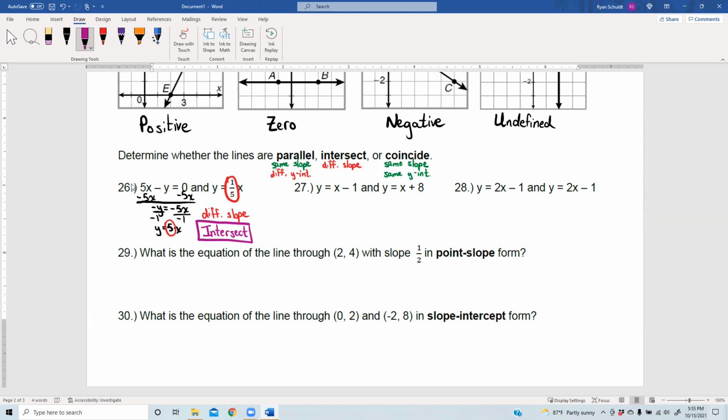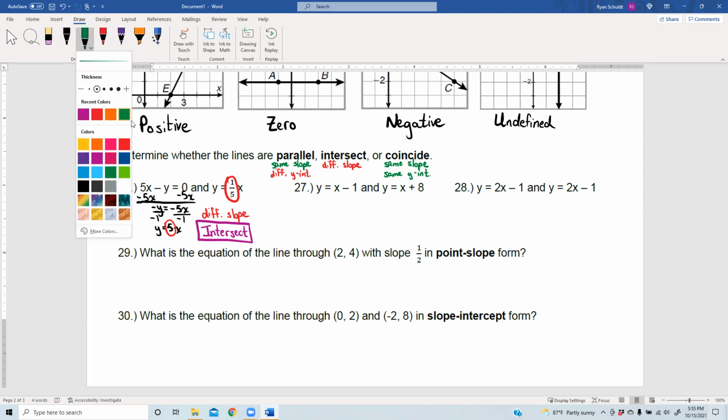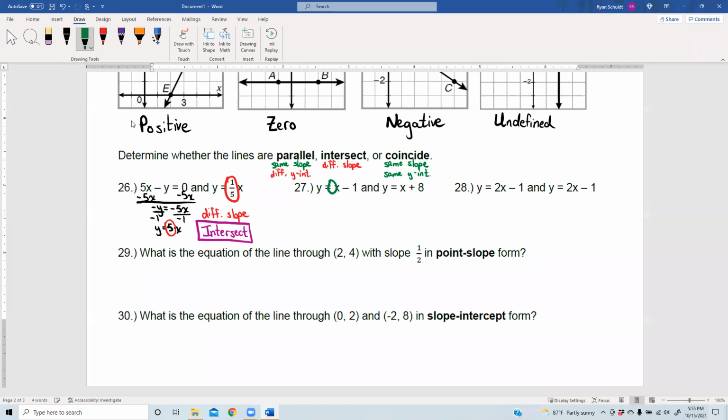Okay, so now let's look at 27. What do we notice on 27? We want to first start by looking at the slopes. That's a 1. That's a 1. So they have the same slope.